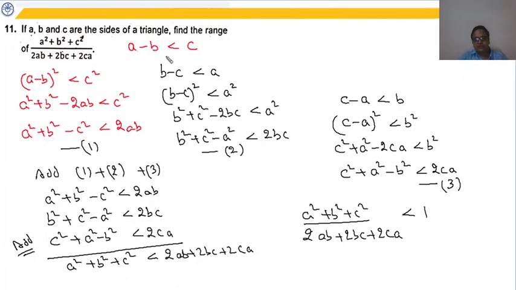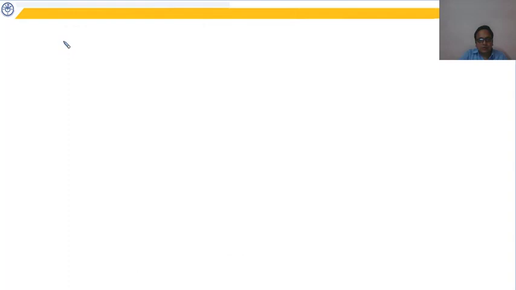We use the difference of two sides is less than the third side. Now since a, b, c are sides, we can say the arithmetic mean of two numbers is greater than the geometric mean. We are taking numbers as a square and b square.